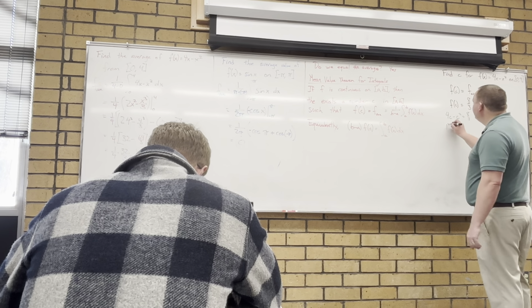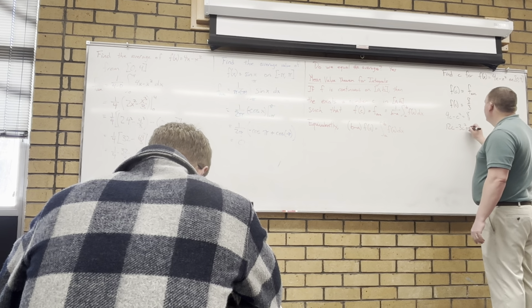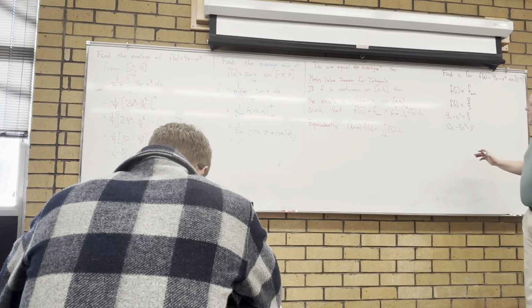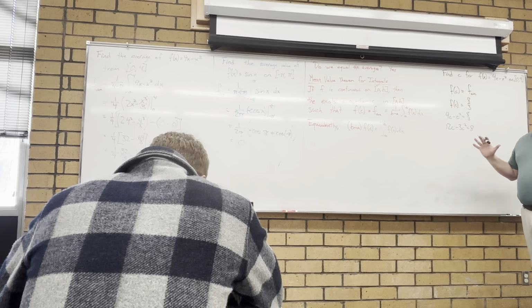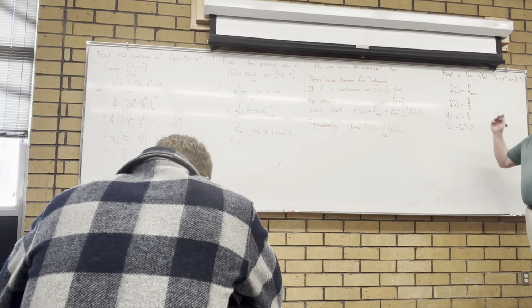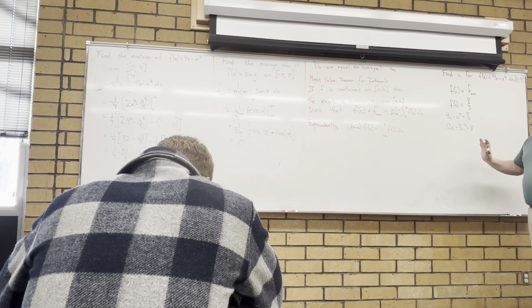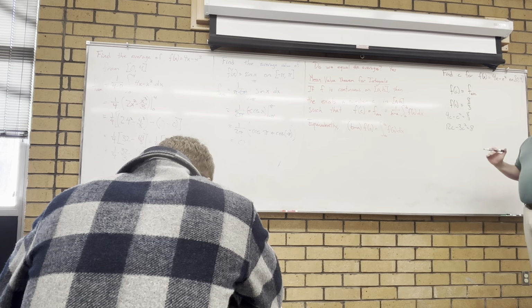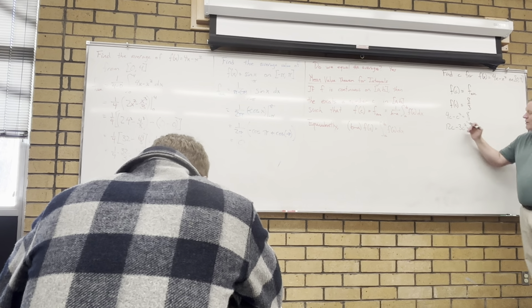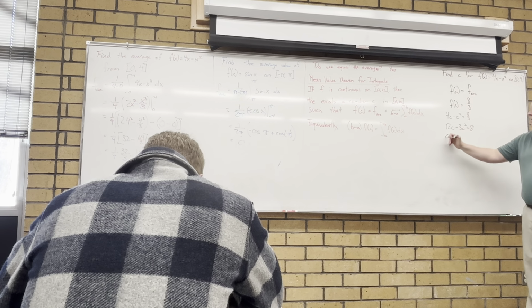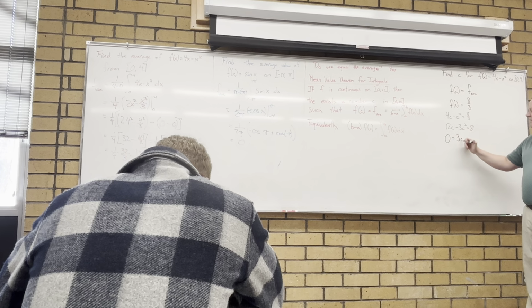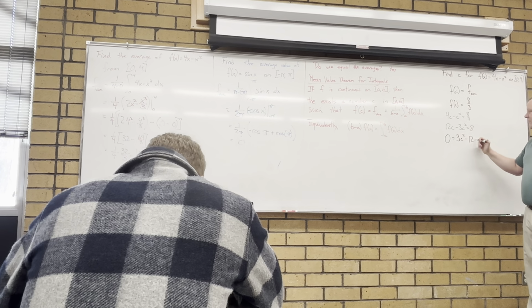And also, since I'm going to do this by hand, I know I need to get everything on one side. I guess I could have completed the square, but anyway, for me it's easier if the coefficient of the c squared term is positive. So we're going to go 0 equals 3c squared minus 12c minus 8.